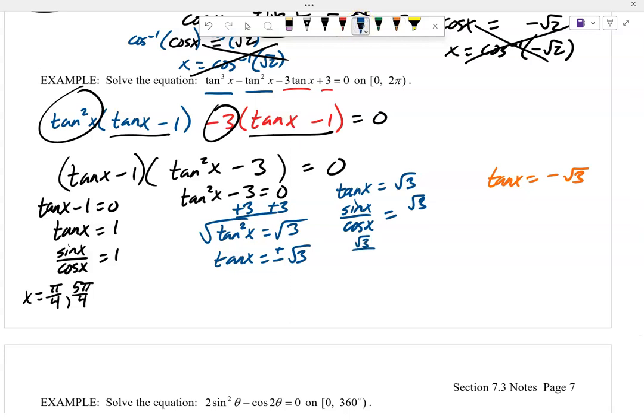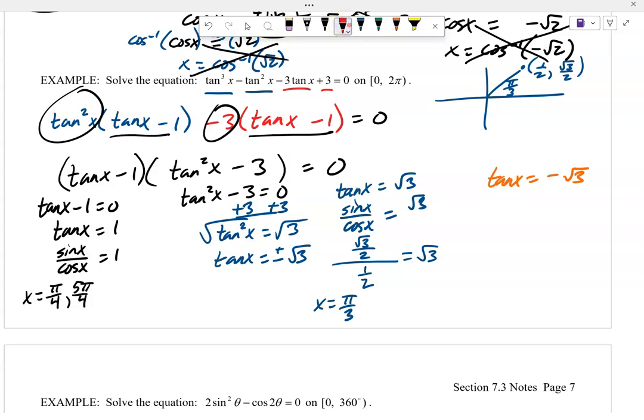So if we have root 3 over 2 being the sine, cosine be a half, notice that that will give us root 3. Okay, so where is the sine root 3 over 2 and the cosine a half? You say, oh, that's pi thirds, right? So pi thirds, that happens.